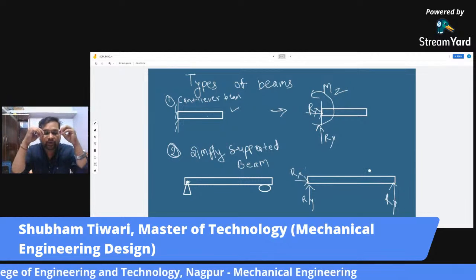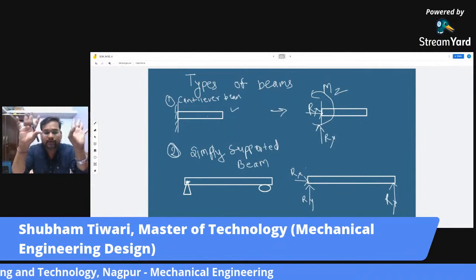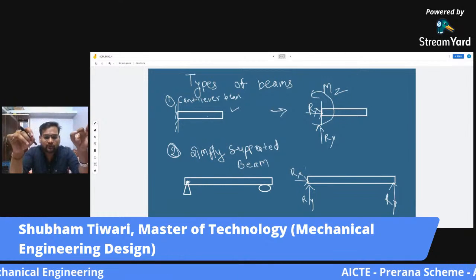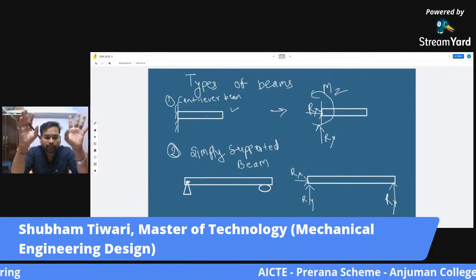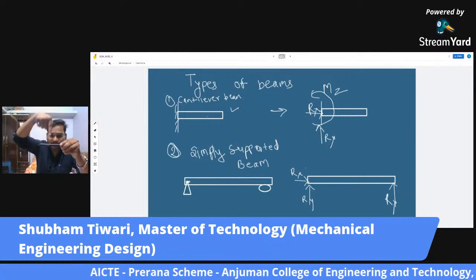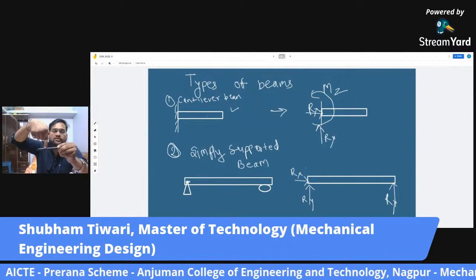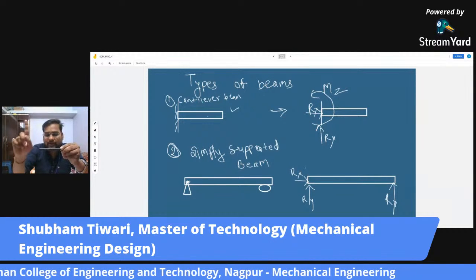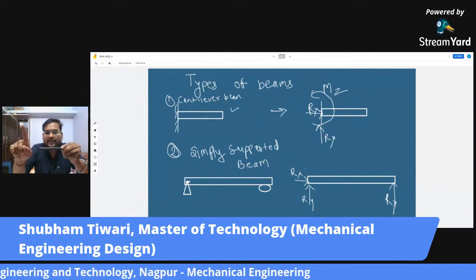But the very important thing we need to understand is that we are going to talk about the shear force diagram. So for shear force, only the transverse load, which is perpendicular to the beam, will play a part in the shearing action.